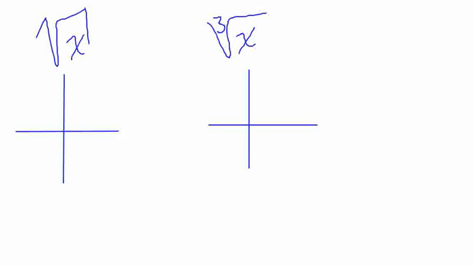The square root of x has a limited domain. That means we're not going to have anything with negative x. And the graph grows, but not very quickly. Starting from the origin, it'll look like that red. That's a sketch of what it'll look like.